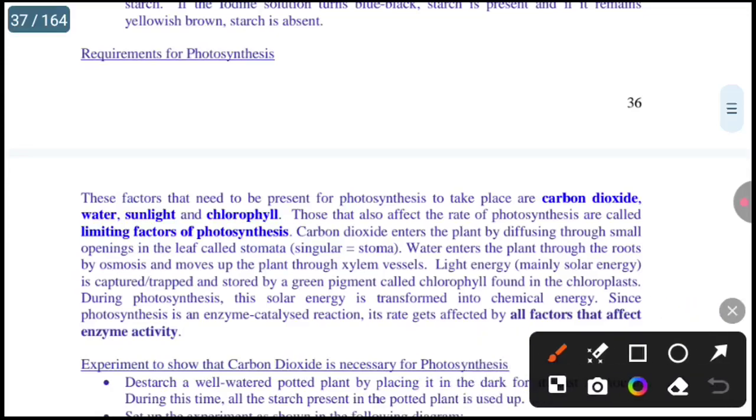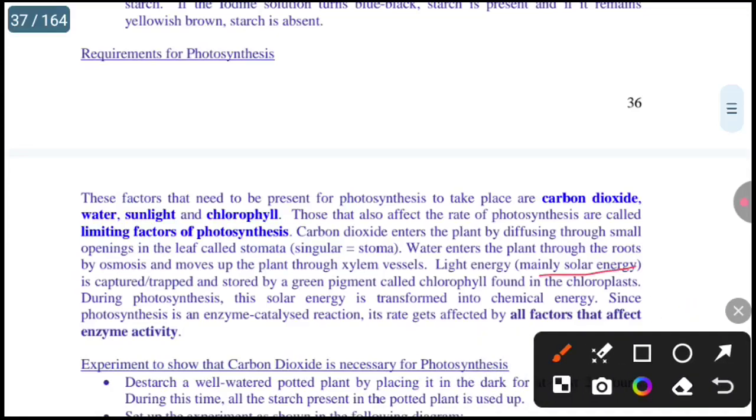Light energy, which is mainly solar energy from the sun, is captured and trapped and stored by green pigment called chlorophyll, found in the chloroplasts.